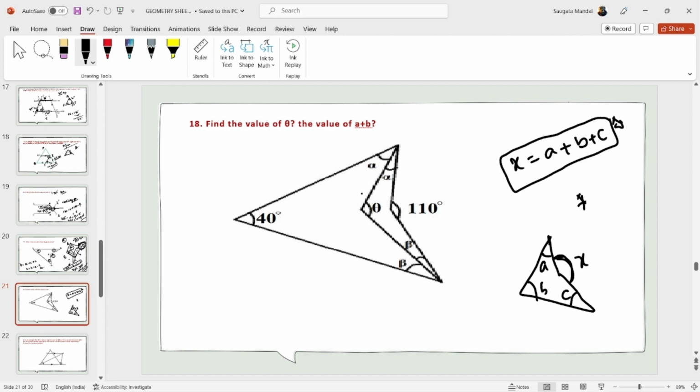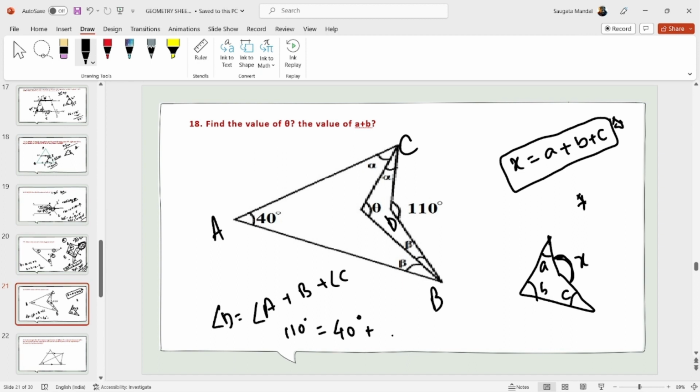And in the same way, in the quadrilateral ABCD, the value of the external angle D is equal to the sum of A plus B plus C. That means 110 degrees is equal to 40 degrees plus 2 alpha plus 2 beta.